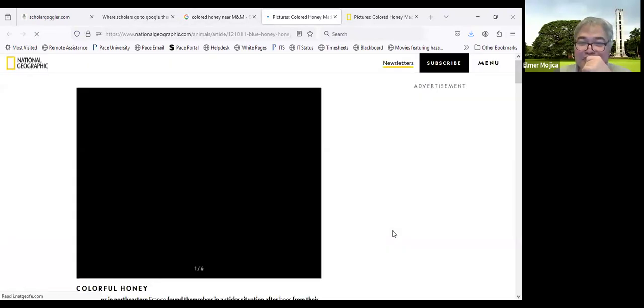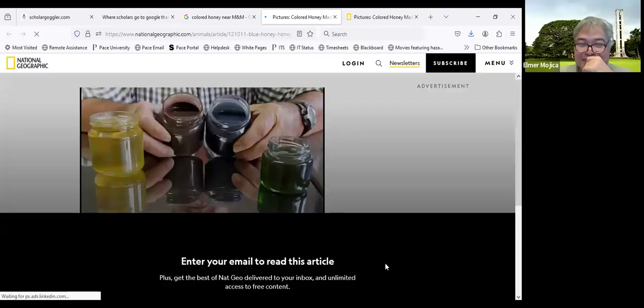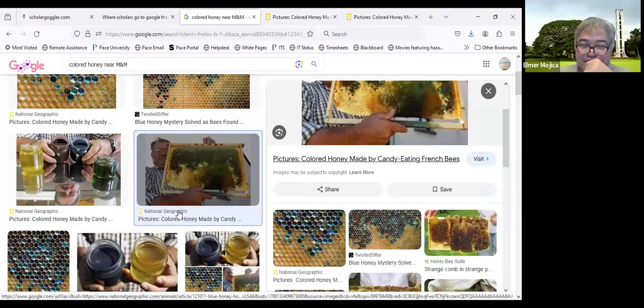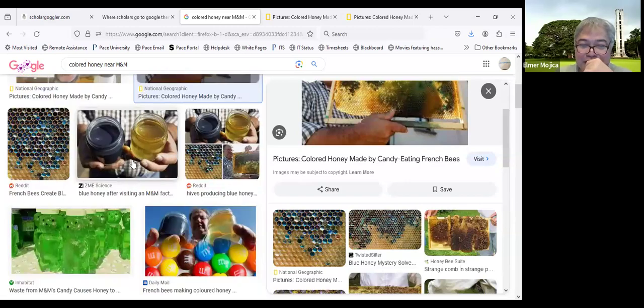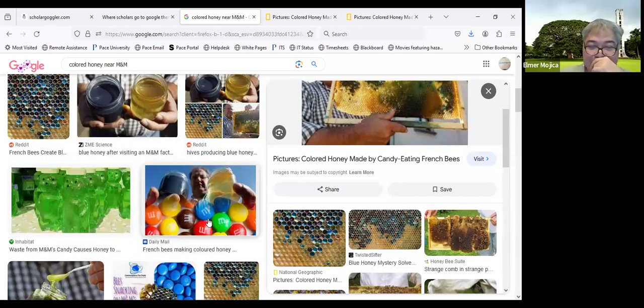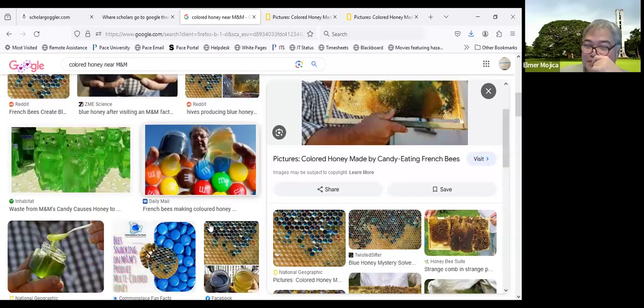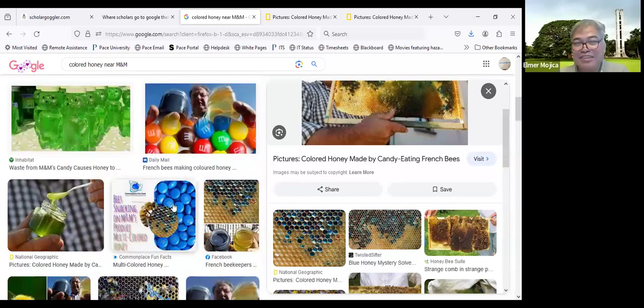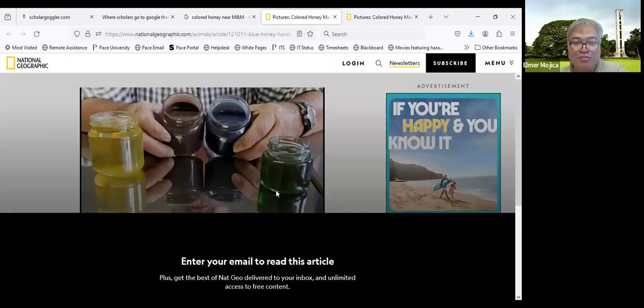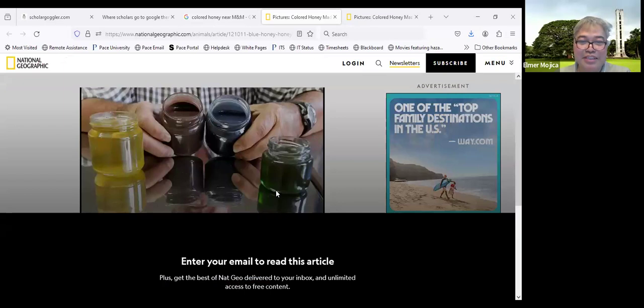So ano sa tingin niyo yung company near doon? M&M. Okay? So he ended up blue honey after visiting an M&M factory. So imagine yourself, you have a colorful honey because the bees visited the M&M factory.